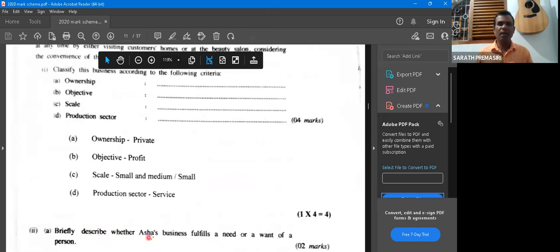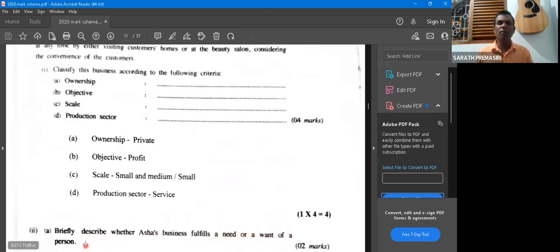Describe whether Asha's business fulfills a need or a want of a person. Briefly describe. You have to describe very briefly whether Asha's business fulfills a need or a want of a person. Just try to identify your answer.